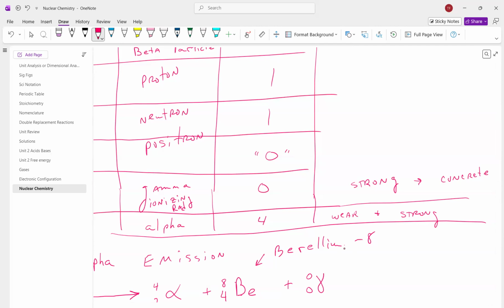Big, cumbersome. And the Gamma is like the Ferrari. So it's strong, period. Alpha, because it's so slow and doesn't go very far, you don't need much protection. Paper will protect you from alpha radiation.